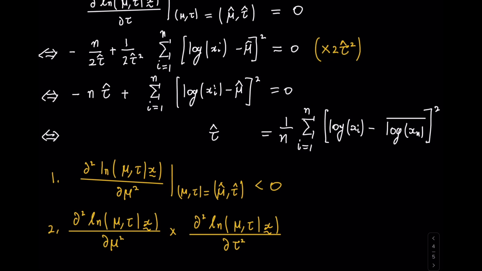This condition, and then minus the second derivative, ln of mu tau, given x bar all over d mu d tau all squared, evaluated at, again, the same conditions, at mu hat, tau hat.